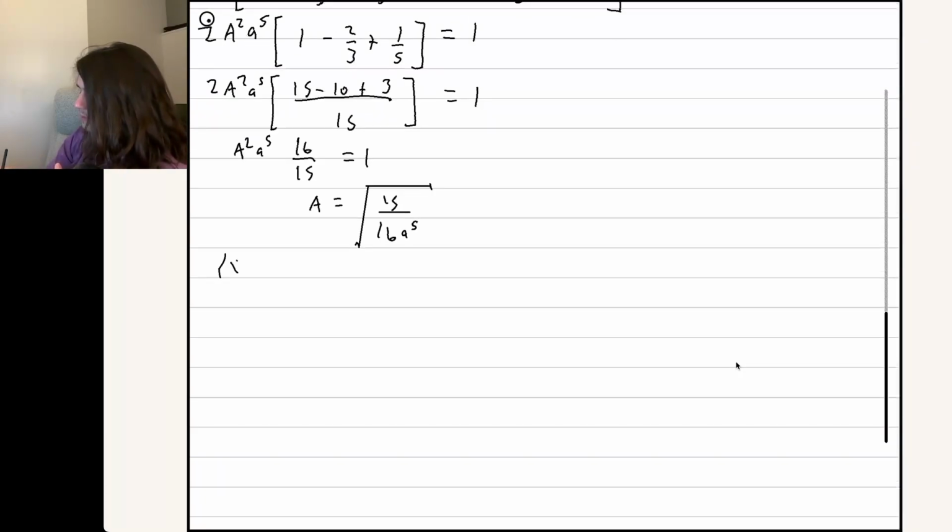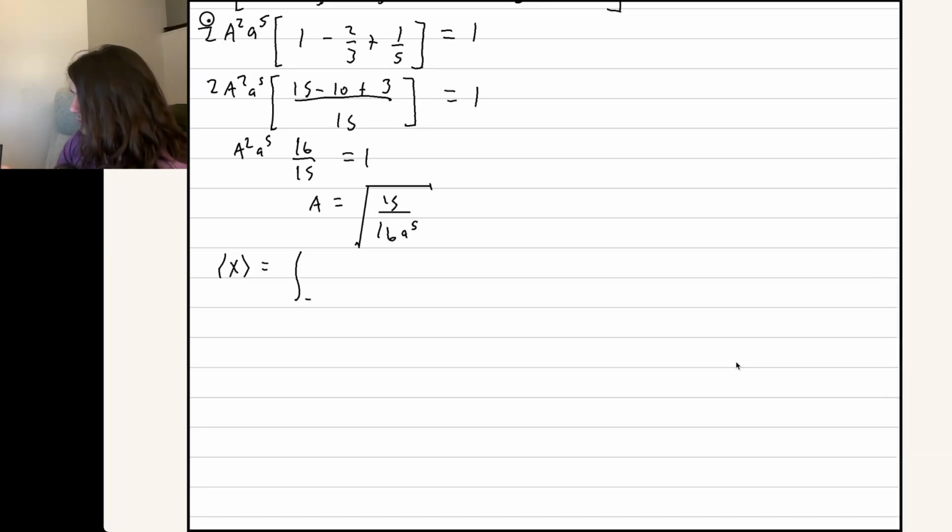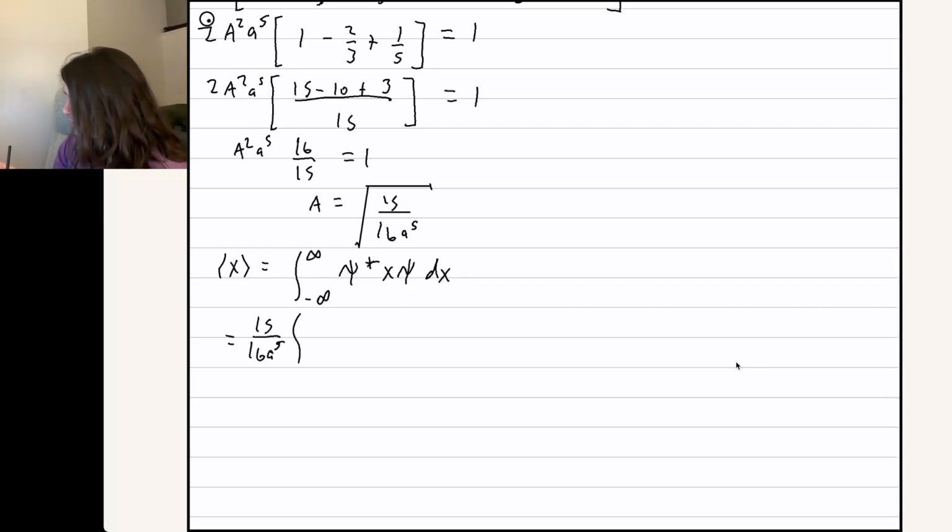So then the expectation value of position is going to be, as always, from the bounds, you do psi star x psi dx. For us, it's going to look like the integral from minus a to a, not forgetting the A squared, so this is going to be 15 over 16a to the fifth on the outside, of (a squared minus x squared) times x times (a squared minus x squared) dx.